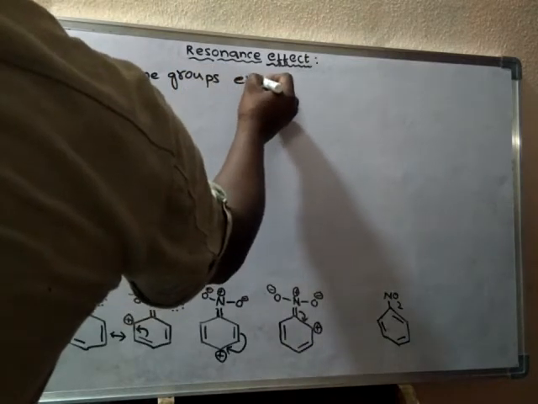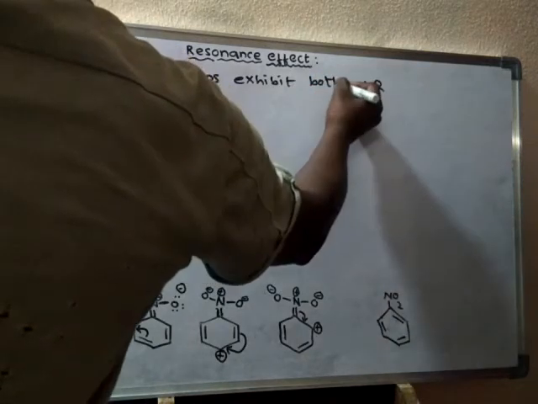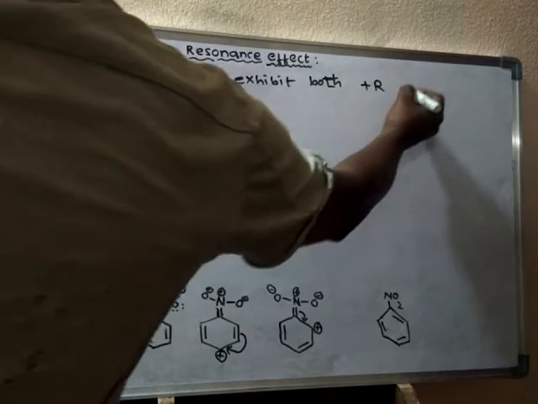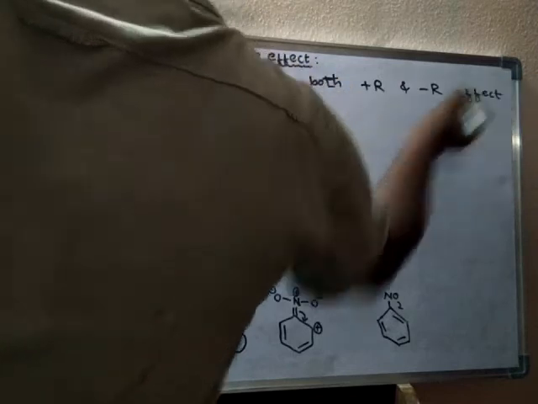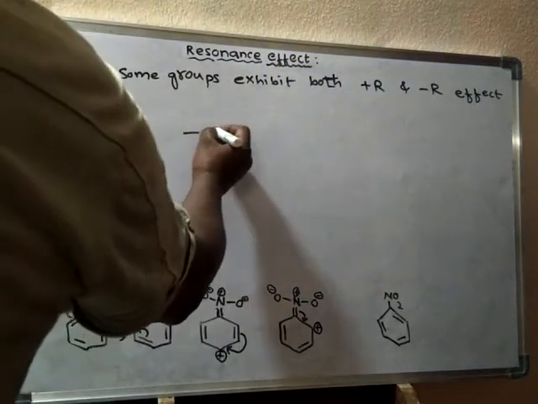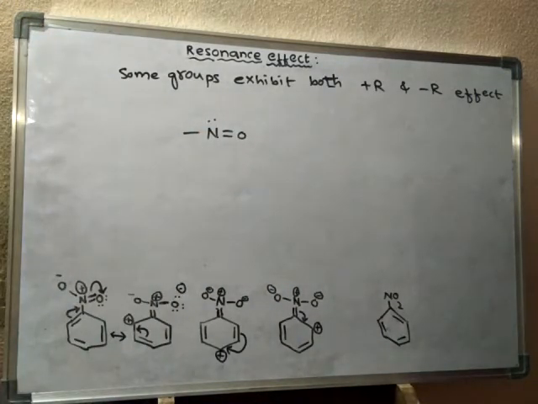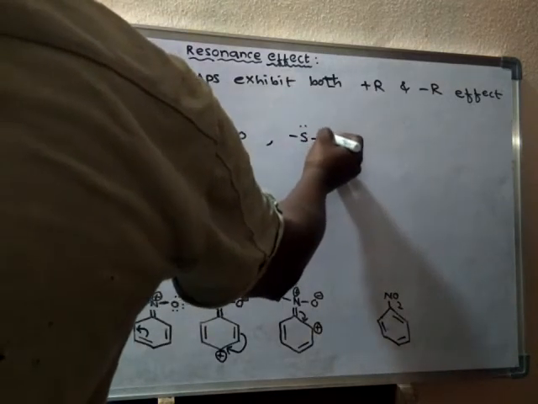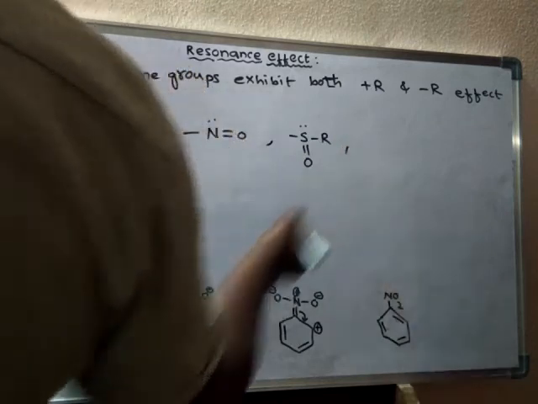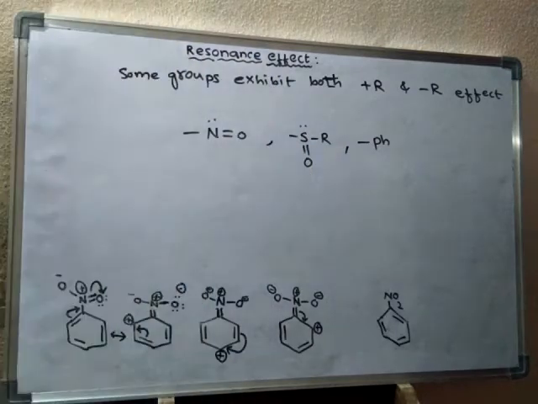Some groups exhibit both plus R and minus R effect. Examples: nitroso group, this group, and even the phenyl group. They show both plus R and minus R effect.